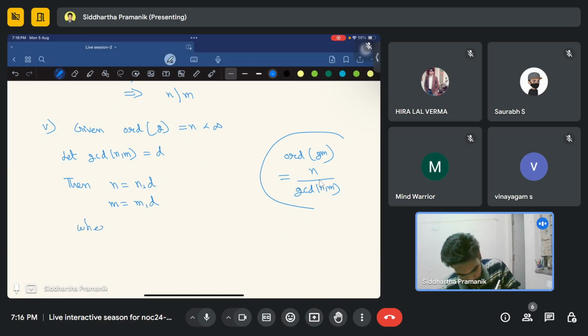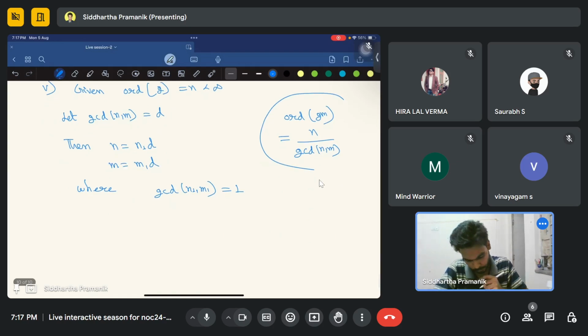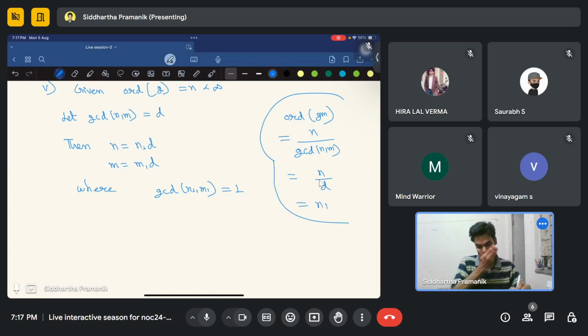And we can assume n1 and m1 have GCD 1. This is from number theory, you can go back and look. So what we need to prove is that the order of g power m is equal to n by d, that is equal to n1. So now g power m, let's take its n1 power.